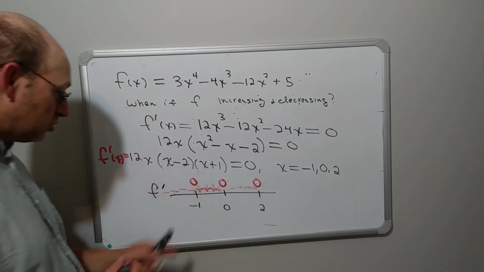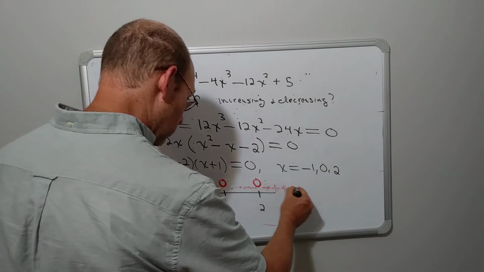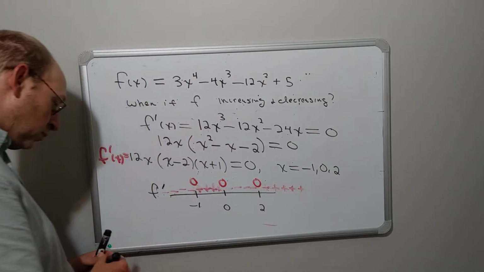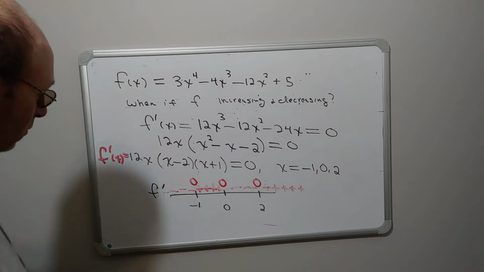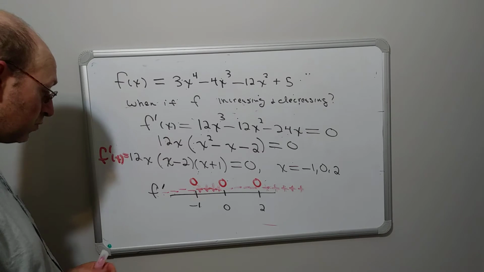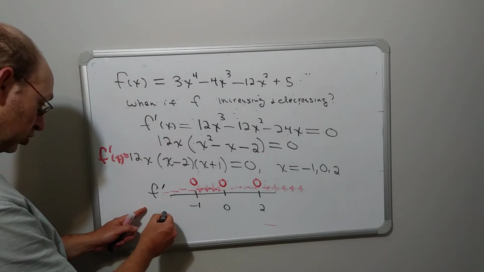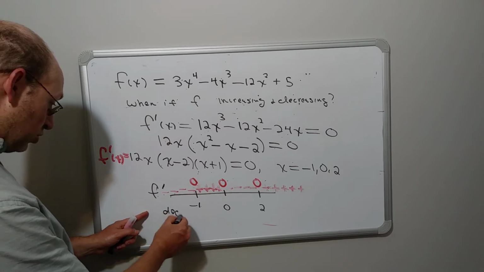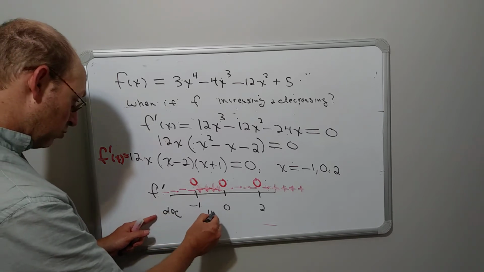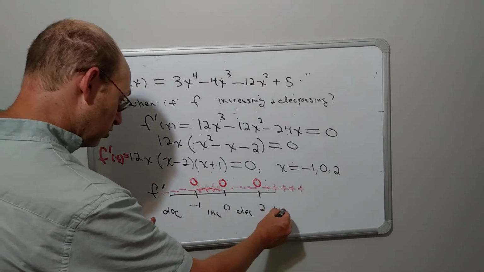Positive, positive, positive. 3 positives clearly multiply to be positive. Okay, so now we know where the derivative changes sign and where it's negative and positive. So the conclusion is the function f is decreasing, then it increases, then it decreases, then it increases.